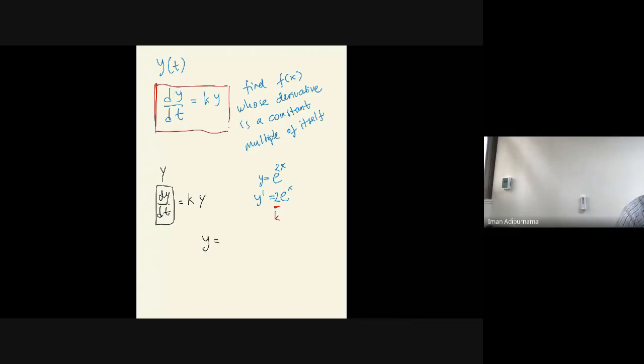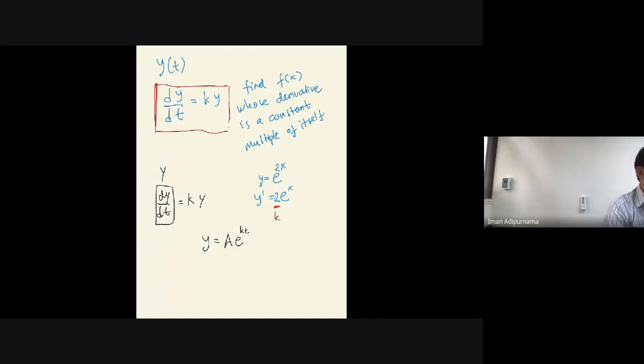Let our original function have another constant A, and having e and having some t. But because t is also with another constant, let's have another k here.